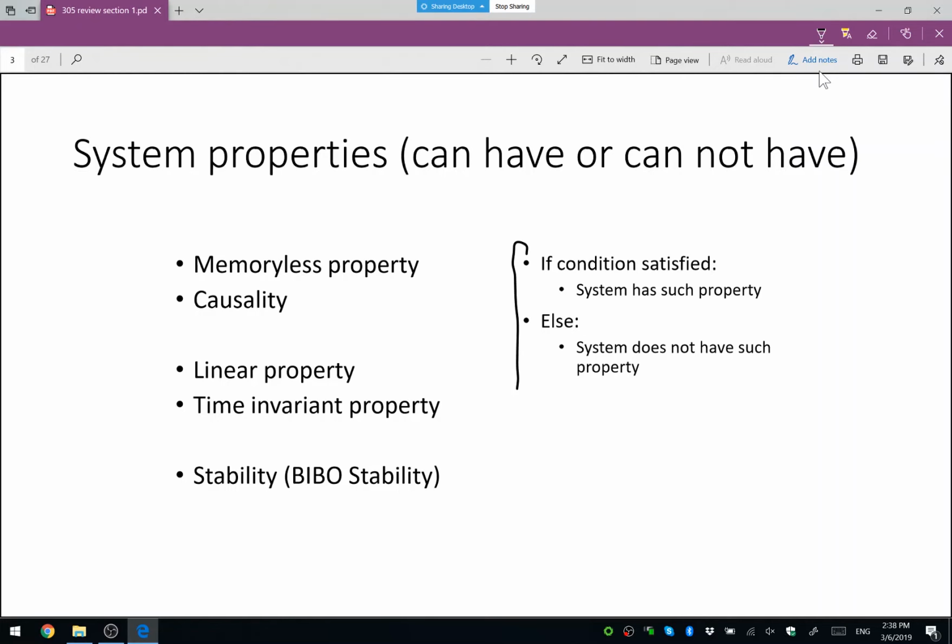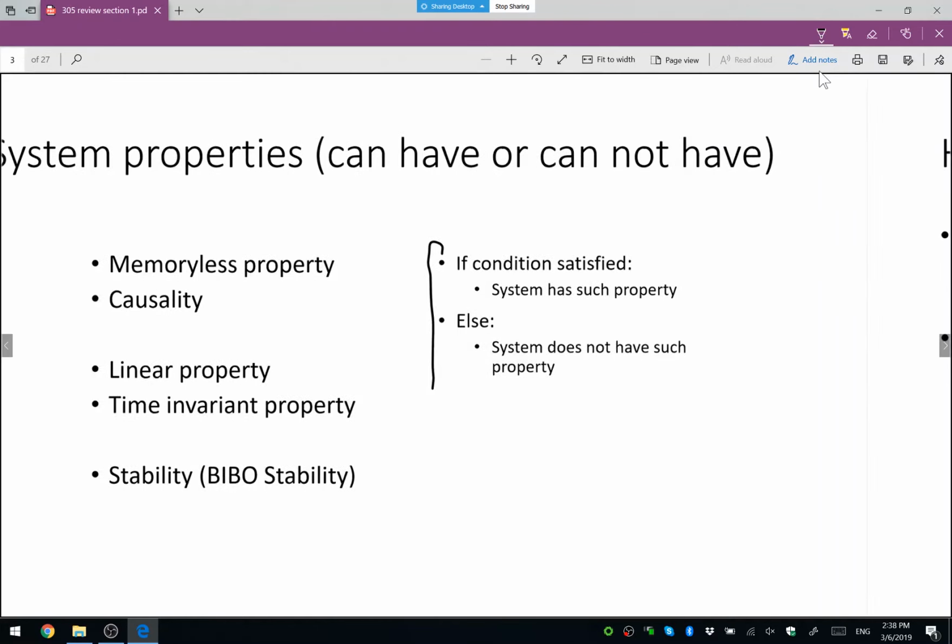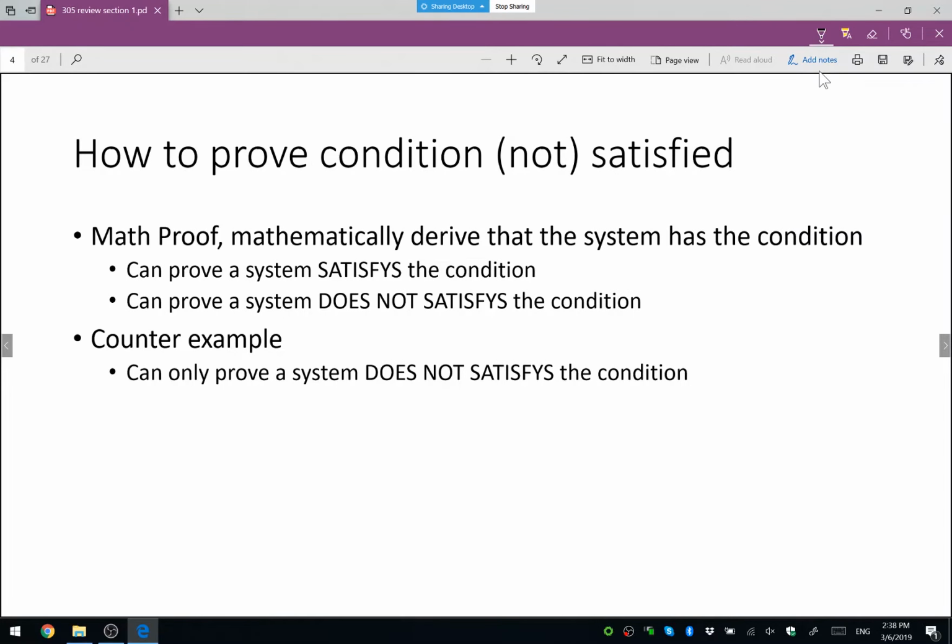If not, it does not have it. There are 2 ways to do this. One way is a math proof: we calculate something about the system, and at the end we see something that is the same as the condition or contradicts the condition. Then we can conclude it satisfies or does not satisfy.